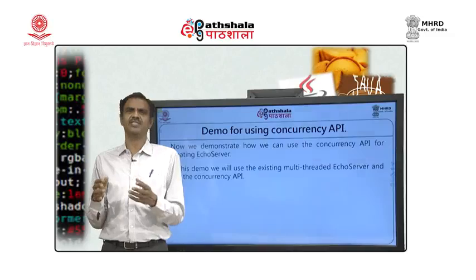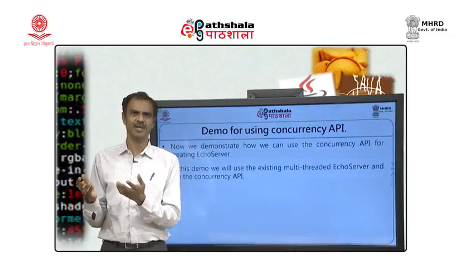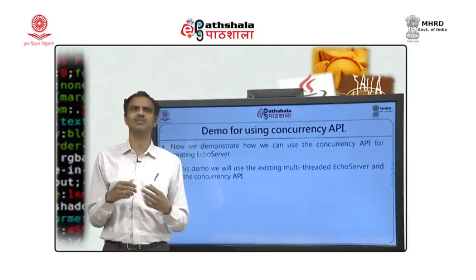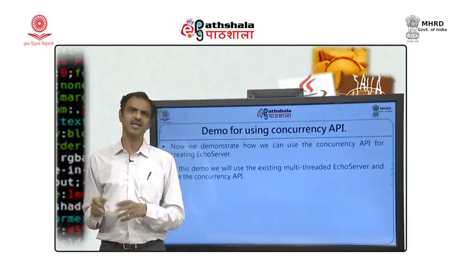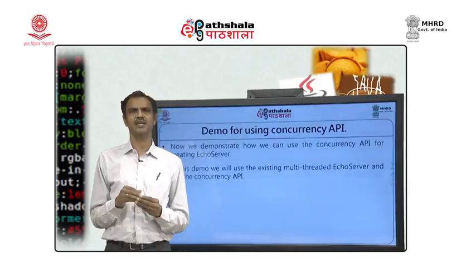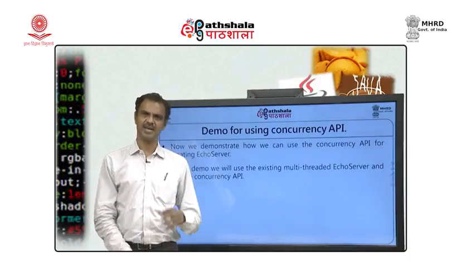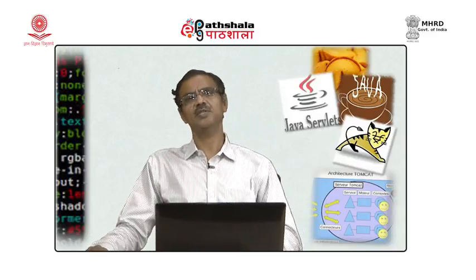The echoer class, which is about how to handle a client, is our runnable, and the new API even accepts runnable. It is not necessary that you write only a callable. So, we will see how we can use that. Now we will switch over to the demo part. Let us have a look at the demonstration.